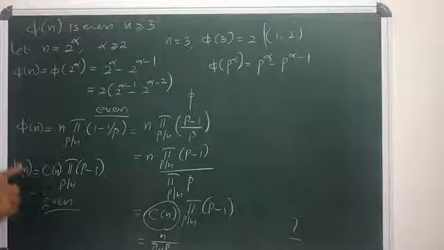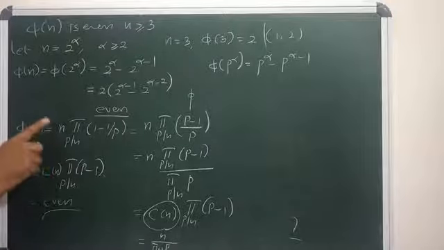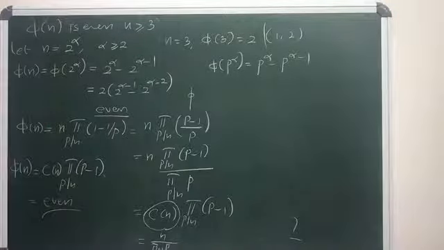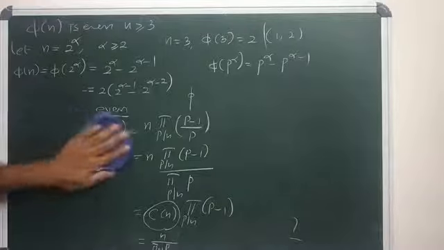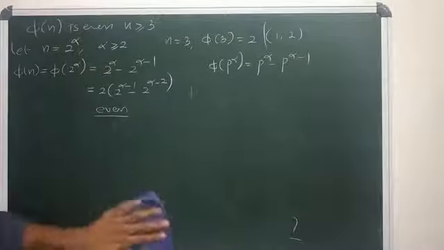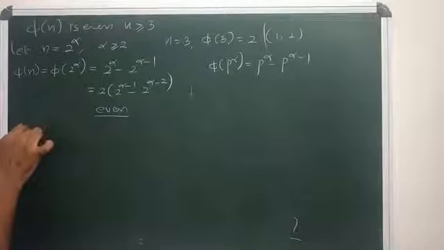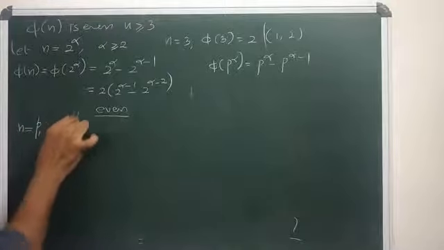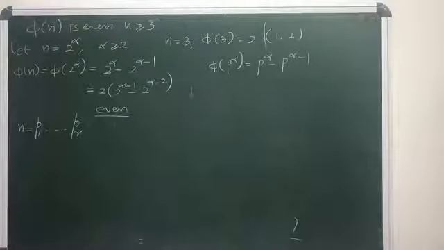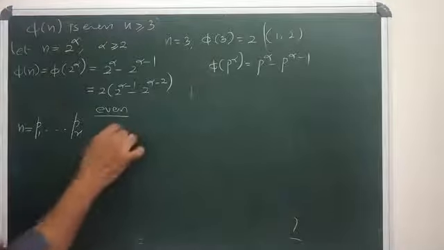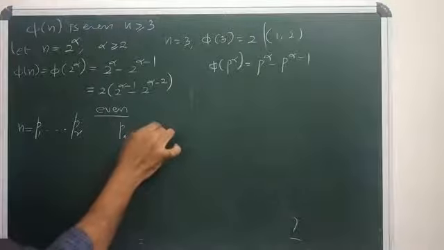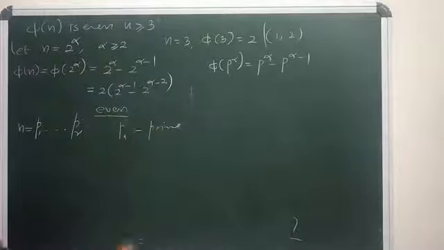Here we assume n has at least one odd prime factor, let it be p. Now again suppose this n has r distinct prime factors. That means n can be written as p1 into etc. into pr, where each pi is a prime, an odd prime.